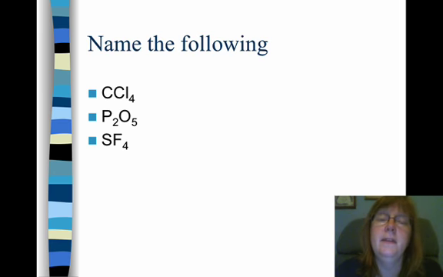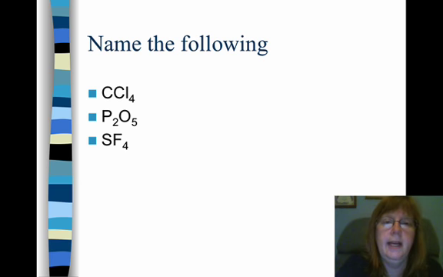So let's name the following. All right, again, these are all molecular compounds. There are no metals, there are no polyatomic ions. So in our mind, we're saying use prefixes here. Okay, the first one, 1 carbon, 4 chlorines. Carbon, and what's the prefix for 4? Tetra, right, carbon tetrachloride.